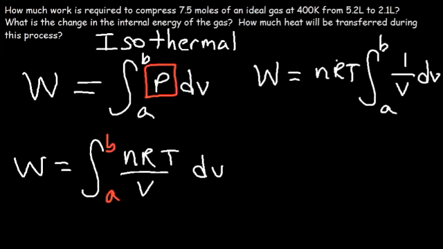Now for those of you who have taken calculus, you know that the antiderivative of 1 over x is equal to ln x. For those who haven't taken calculus yet, just sit back, relax, and then you'll see the equation that you need in order to solve this problem. But I'm just going to go over the steps to get that equation.